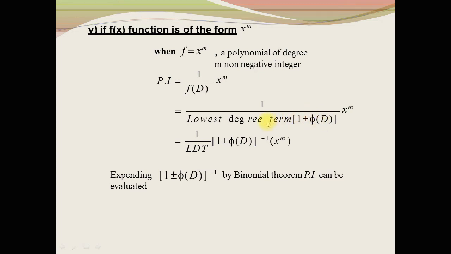After taking common the lowest degree term, shift this binomial term to the numerator, we obtain 1 plus the function of d, power minus 1, into this polynomial. Now expanding this by binomial theorem, you will obtain the particular integral.